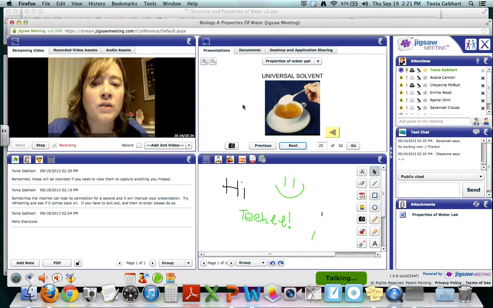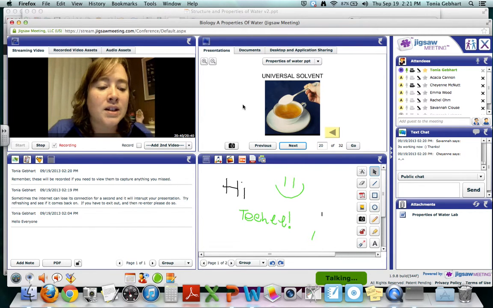So universal solvent. We call it a universal solvent because most substances are polar, so it will actually mix with other substances. Because of its polarity, we are able to use it as a solvent and use it to make solutions. Solvent is a part of a solution.